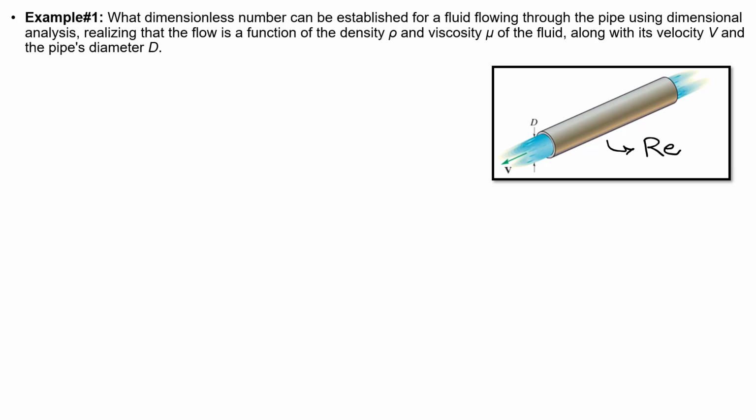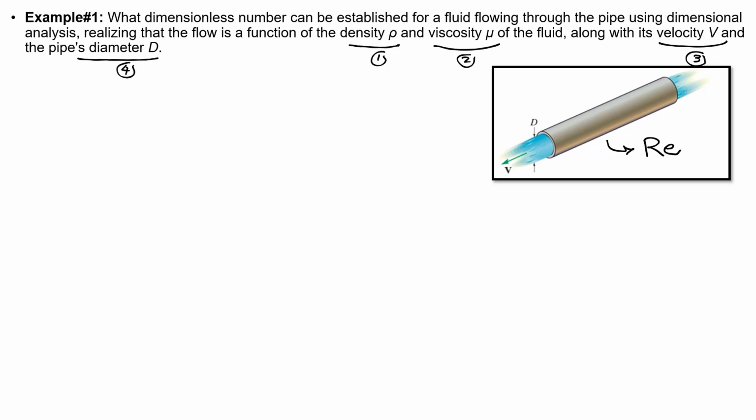All right, we have been told that flow is a function of density, variable number 1, viscosity, variable number 2, velocity, variable number 3, and pipe diameter, variable number 4.